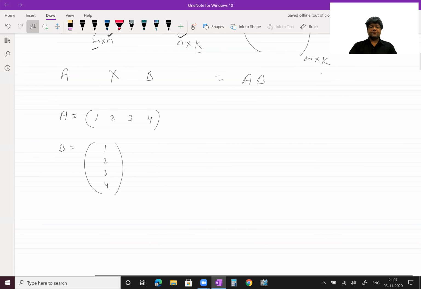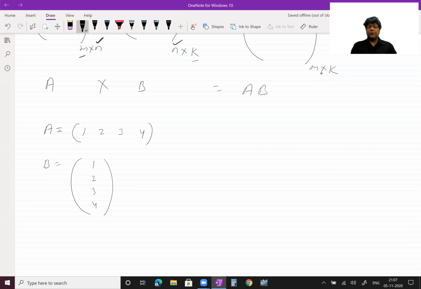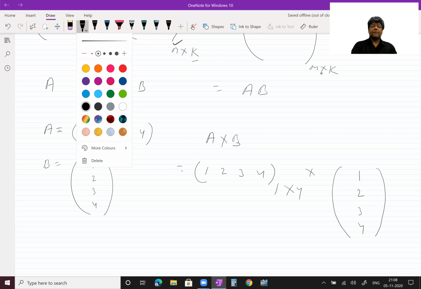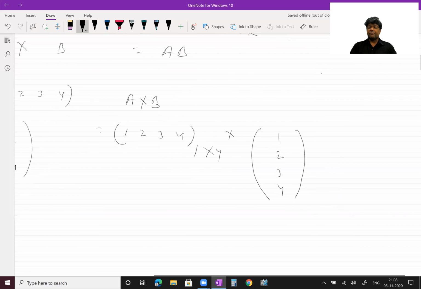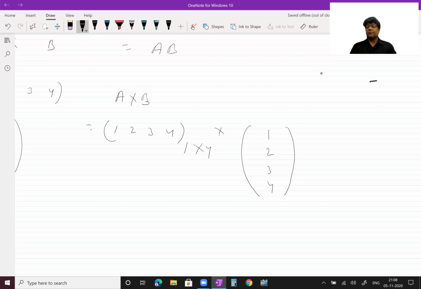Now, let us check whether A into B is possible or not. What is A? 1 2 3 4. How many rows? Only one. How many columns? 4. And we are multiplying with matrix B, which is 1 2 3 4, with 4 rows but only one column, so it is 4 by 1.